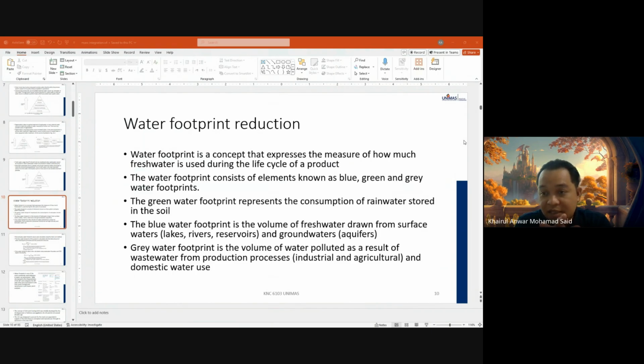It represents the last one, number three: volume of fresh water required to dilute pollutant to ambient standard. So it's not the amount of pollutant that we calculate, but the amount of fresh water that is being used to dilute the pollutant when it's being discharged from the factory, from the compound.